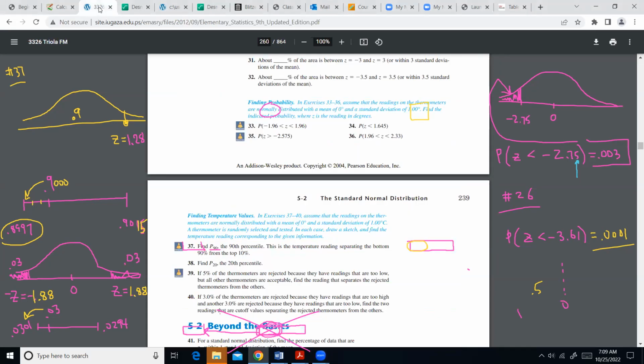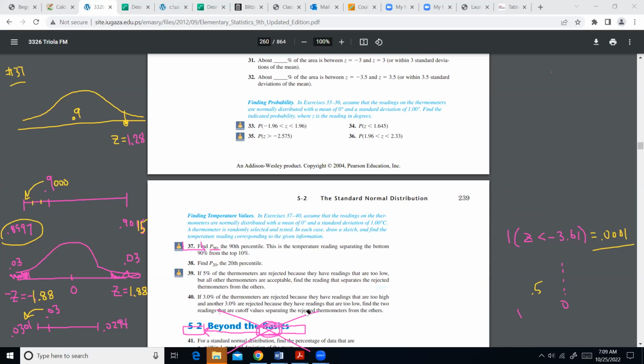Anyways, I want to move on to the next section because it looks like we're pretty much done with this one. So I'm going to show you how we can utilize these tables to find probabilities for just about any possible normal distribution.